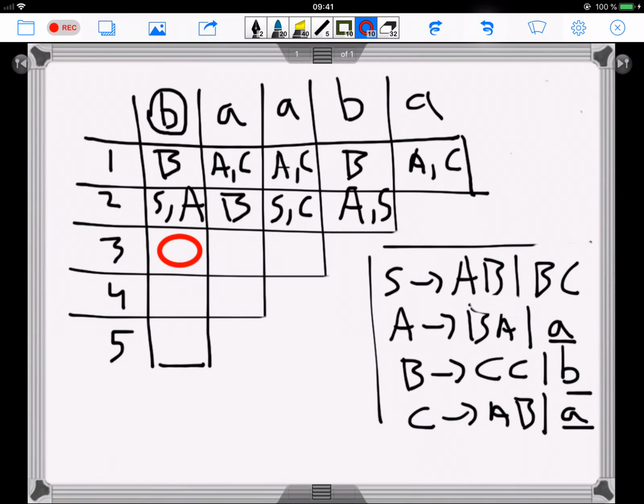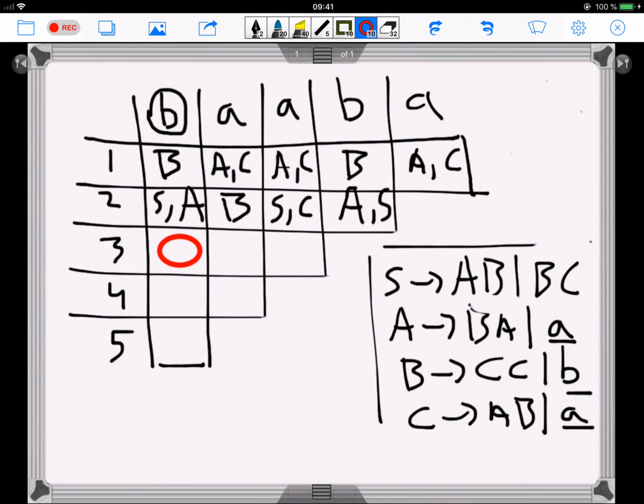So let's try the other possibility, which is we move closer in the column and away in the diagonal. So we need to consider either SA or SC or AA or AC, but those are not generated in the grammar.